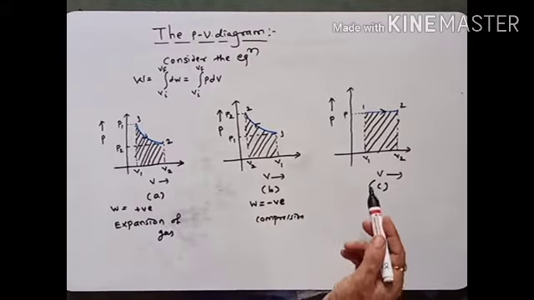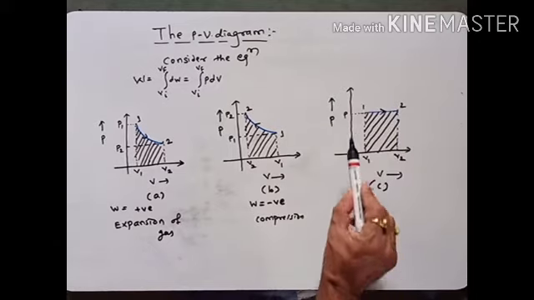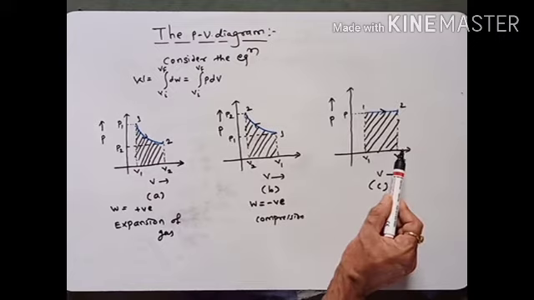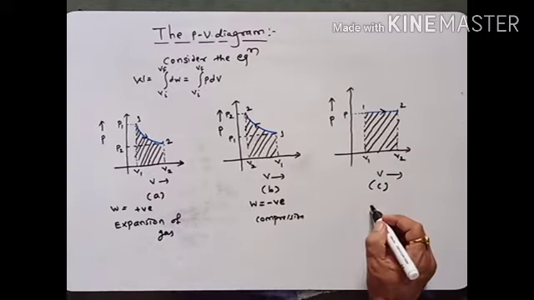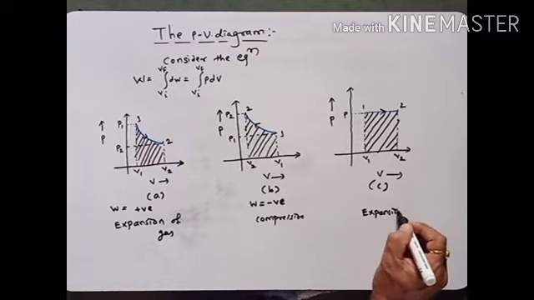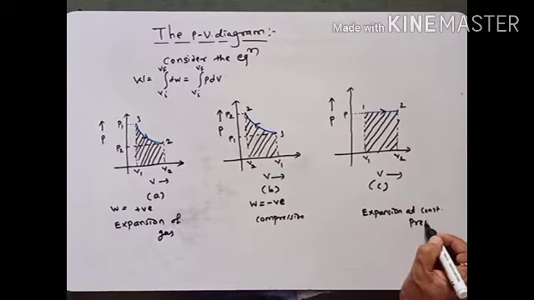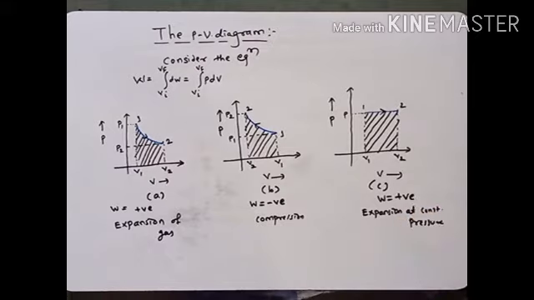Now here the state changes from 1 to 2 at constant pressure and volume increases from V1 to V2. Here pressure is constant, so we consider expansion at constant pressure, and the work is positive.